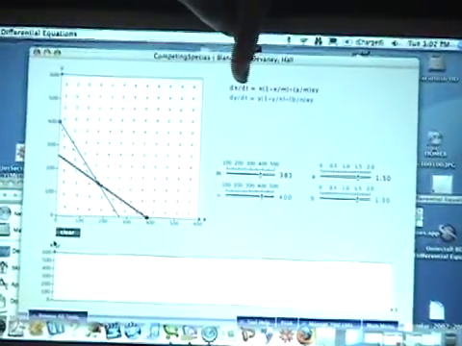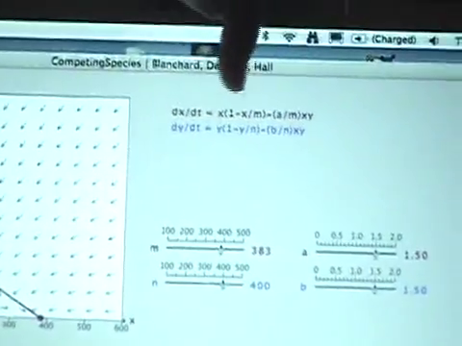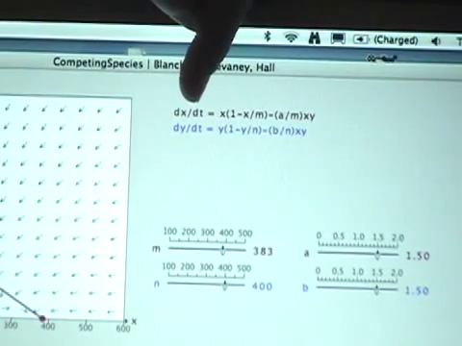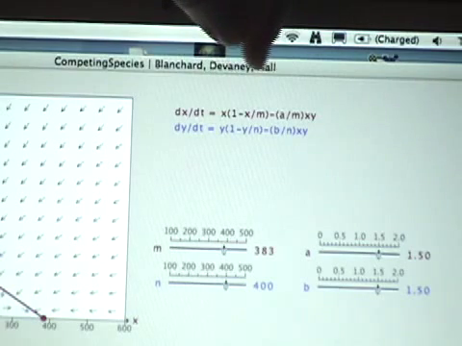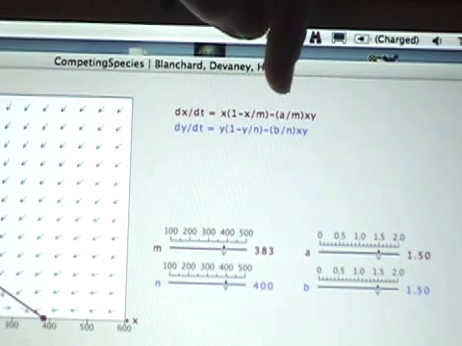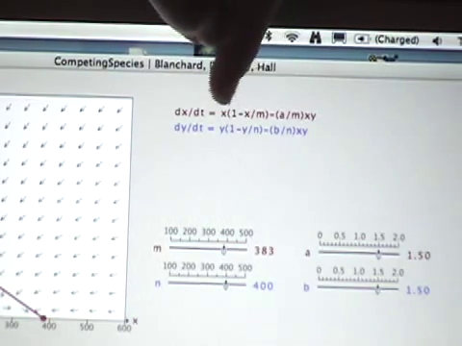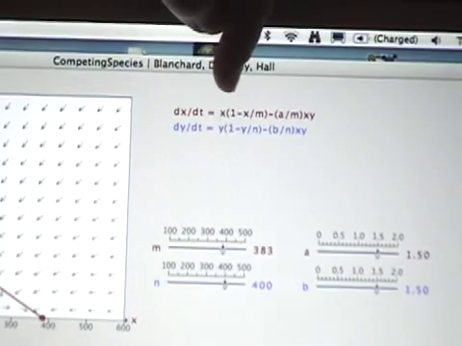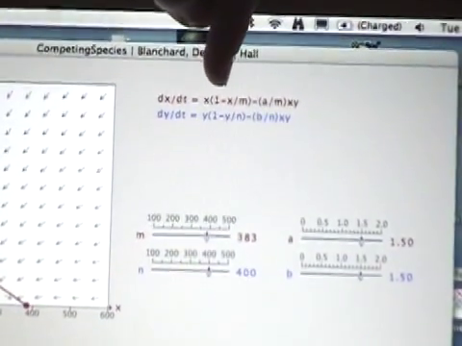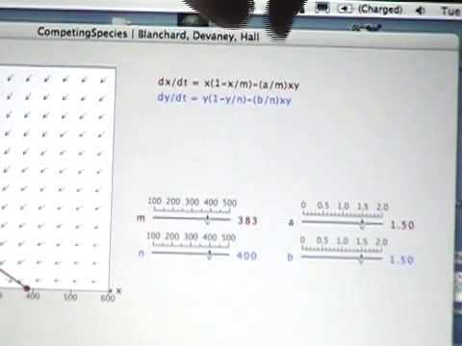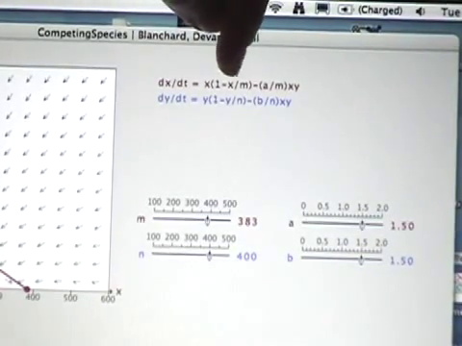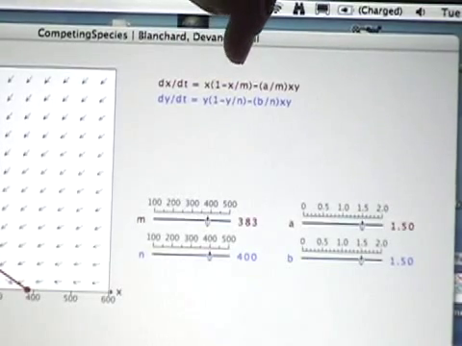The equations are up here now. X and Y are two species that compete. In the absence of the other species, both of these are growing according to a logistic kind of model. If you can focus in on those equations there, that really is a logistic kind of growth with an equilibrium at 0 and m for x and 0 and m for y.